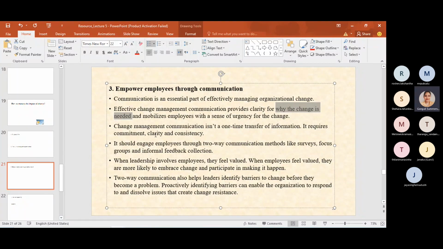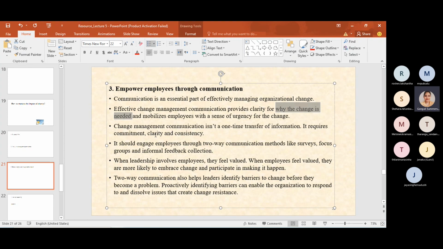If they are feeling anxious or worried, communicating the reason and the advantages of the change will calm them down. Then the employees will feel okay with whatever change is happening in the company.